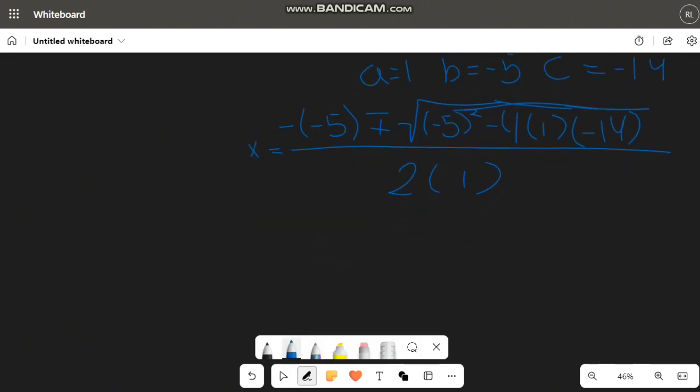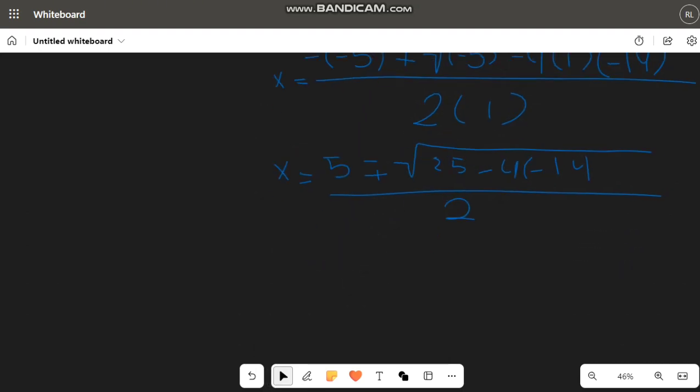Okay. Now we're going to do that again. X equals, simplification, 5 plus minus square root of all of that, 25 minus 4. A will just stay the same, and c is negative 14, all over 2, since 2 times 1 equals 2.